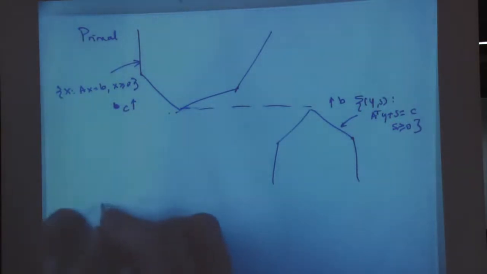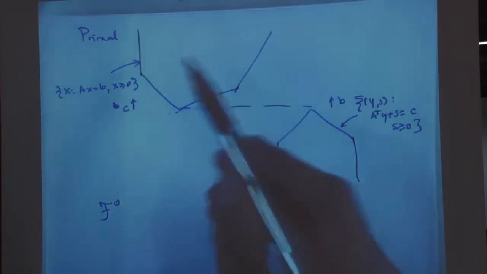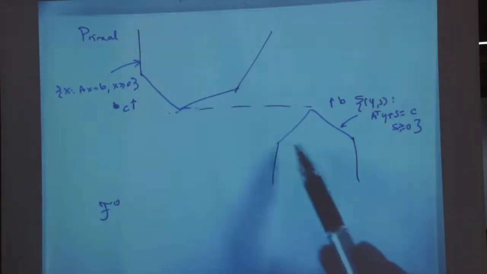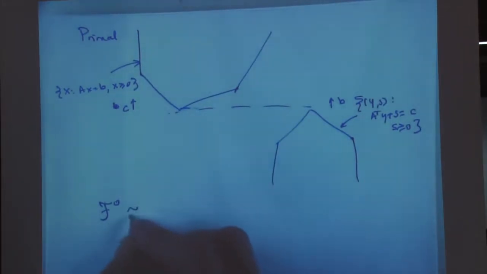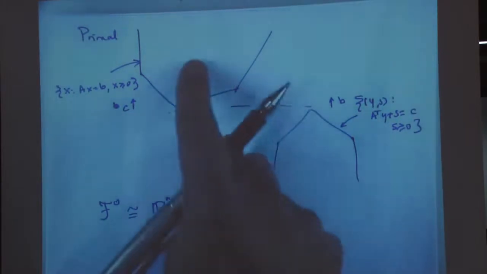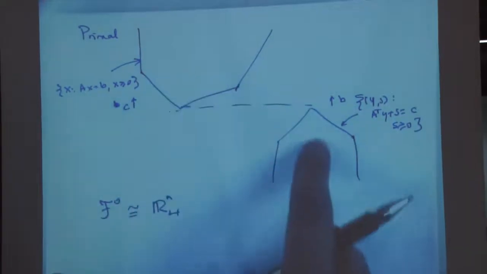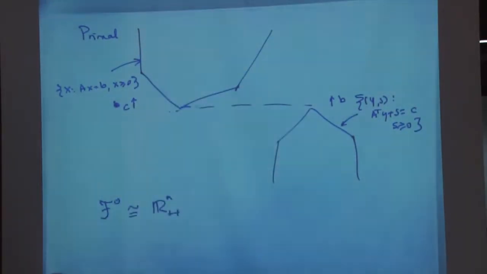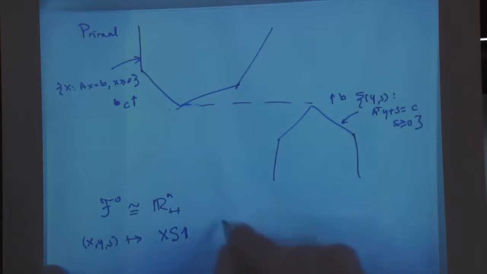Now, F0 is like all the interior points here and the interior points here. And then there is this neat connection between F0 and R^n_{++}. If you look at this map, to use the notation from last time, this is a bijection.